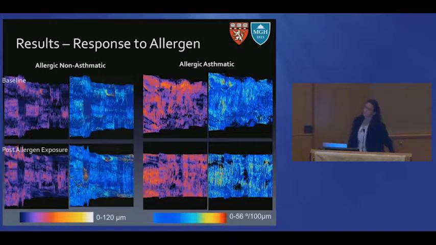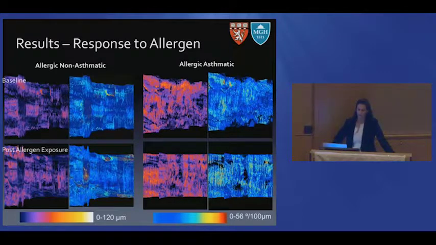But not surprisingly, the smooth muscle is where we saw the great difference, which would have been indicated also by the mucosal buckling. On this slide here, on the left, we have the allergic non-asthmatics, and on the right, we have the allergic asthmatics. Again, we've displayed the circumferential, or the 2 to 3 centimeter segment. We've unwrapped it and laid it flat so you can better see the smooth muscle. And we've color encoded it here.